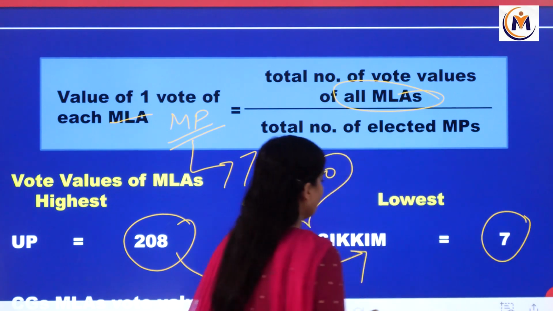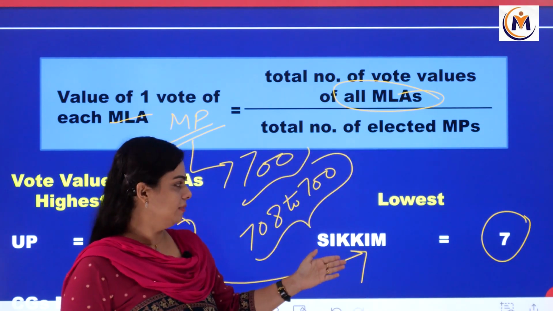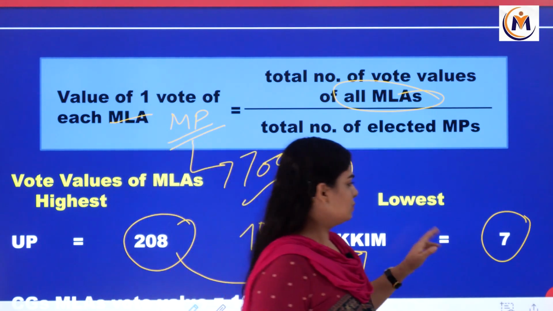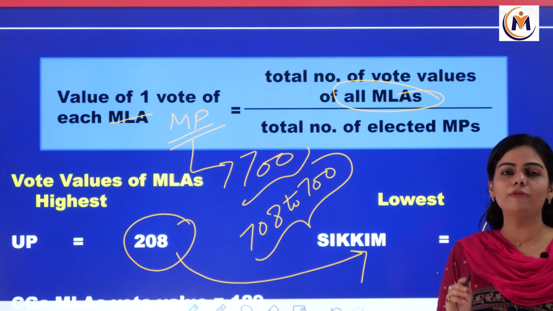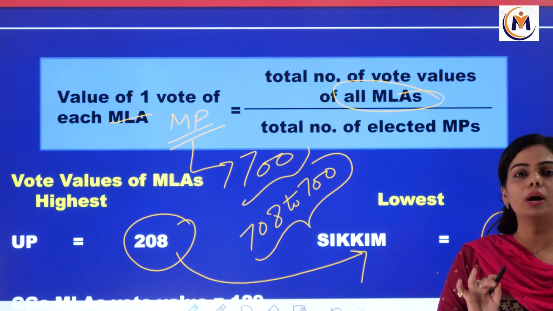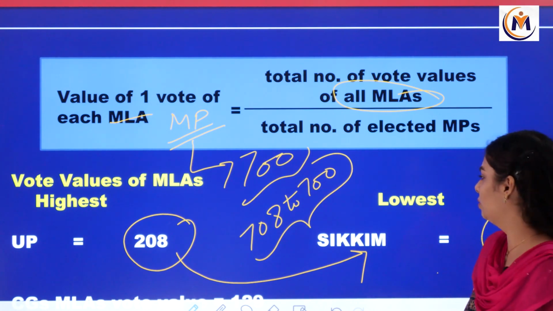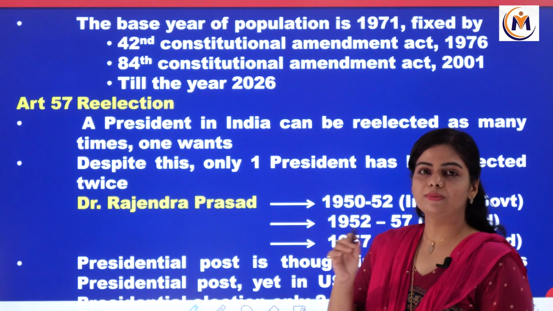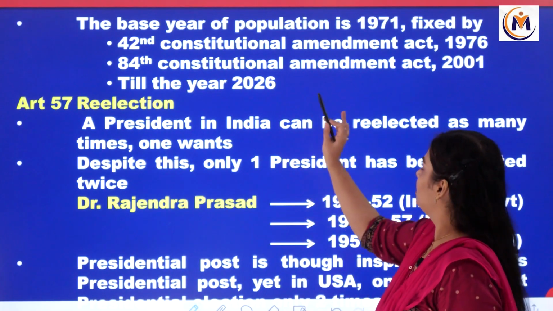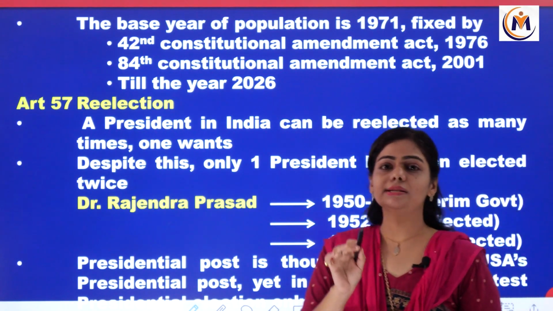So the value of vote of each MLA of Sikkim is 7. Okay, so this is the least value. And what about CG? So Chhattisgarh, the vote value of each MLA of CG is 129. Alright, so these are all factual informations. So as we have already discussed, the base year of population is 1971.